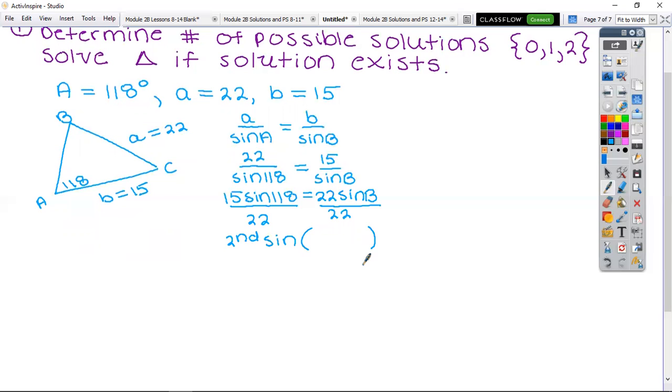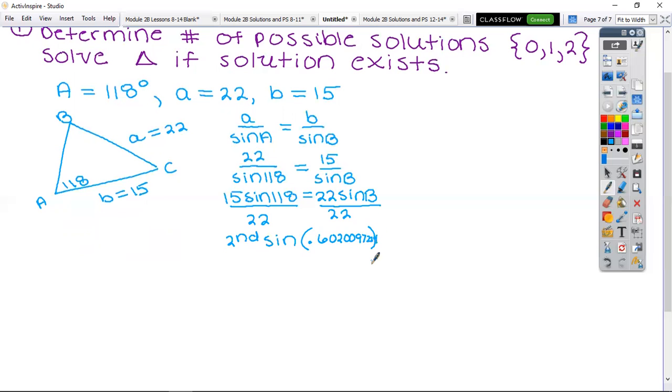So we're going to type in the calculator. Again, you are in degree mode. I'm emphasizing that a lot. I don't want to see those mistakes get made. So 15 sine of 118 divided by 22 is equivalent to 0.602009724.